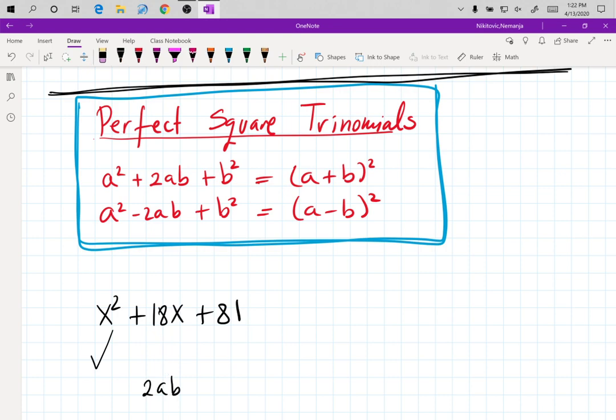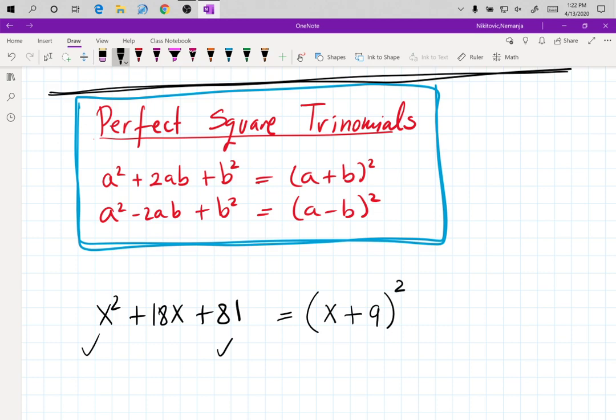So the way I do this is I first make sure that these are perfect squares. And then I solve it in my head. And then I check the middle term. So this is the way I do it. Square root of the first, that's just x. Sign of the second, which is a plus. And square root of the third, which is 9.